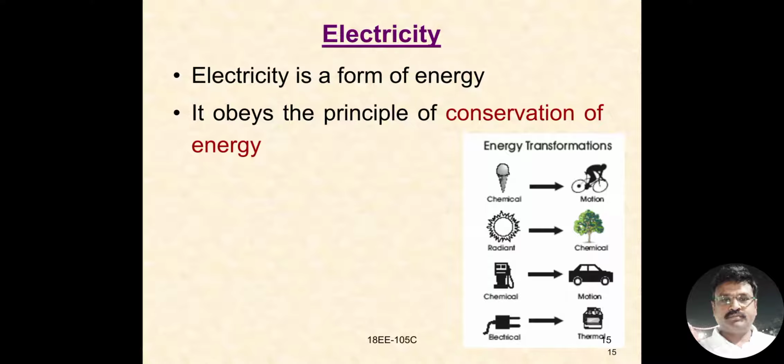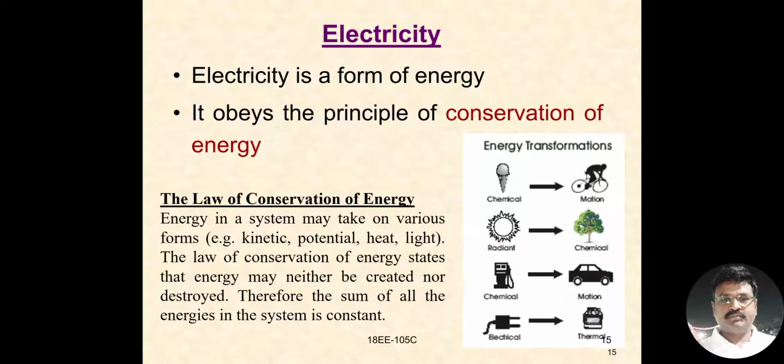As electricity is a form of energy, it obeys the principle of conservation of energy. The law of conservation of energy defines it like this: energy in a system may take on various forms.